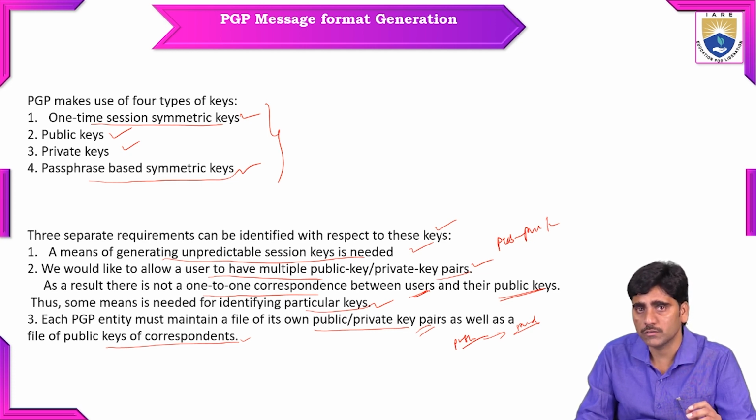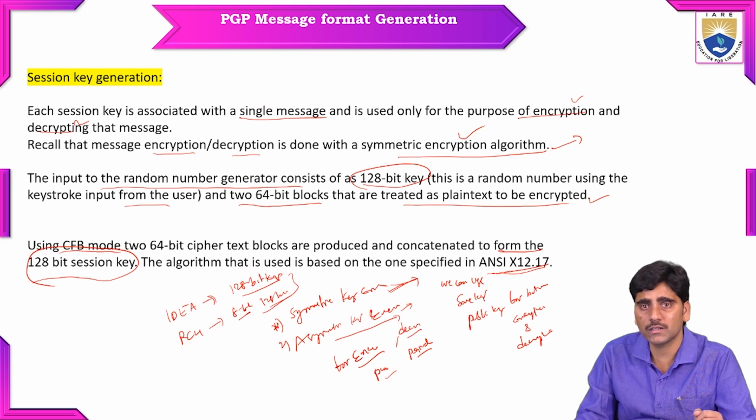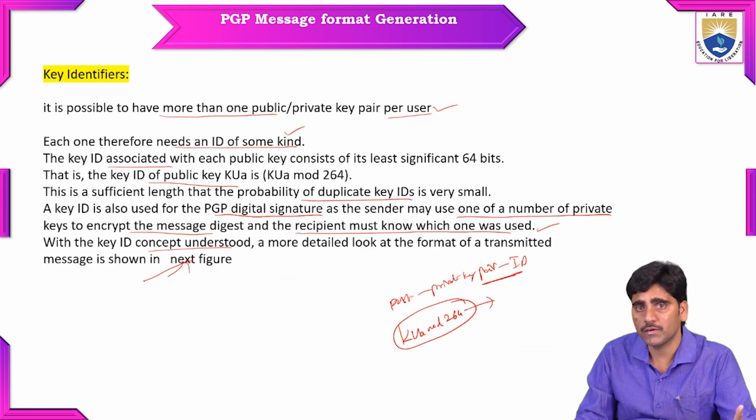So there is session key generation, public key generation, private key generation, applying symmetric or asymmetric key algorithms with the help of bit key lengths and key identifiers. After generating the public and private keys, maintaining key IDs for each public and private key is a separate identification process.